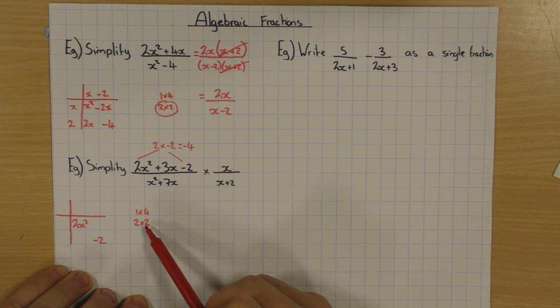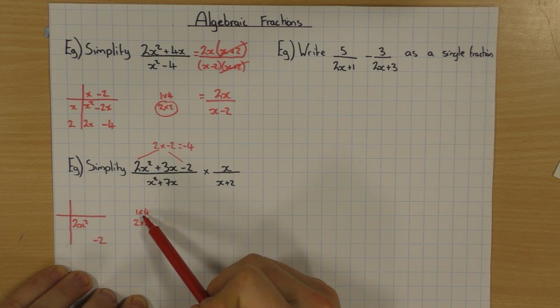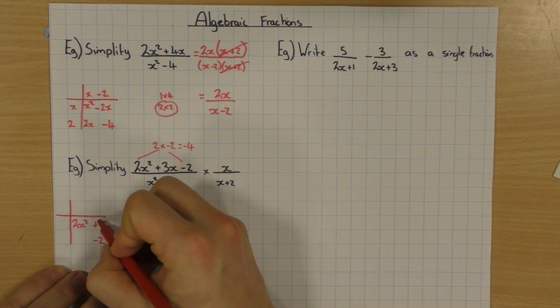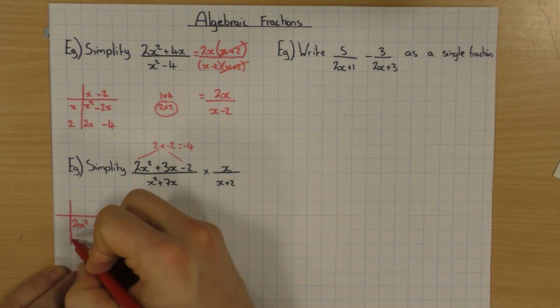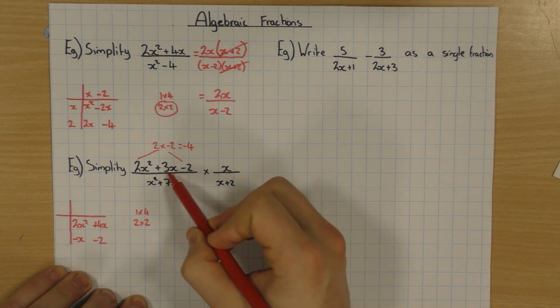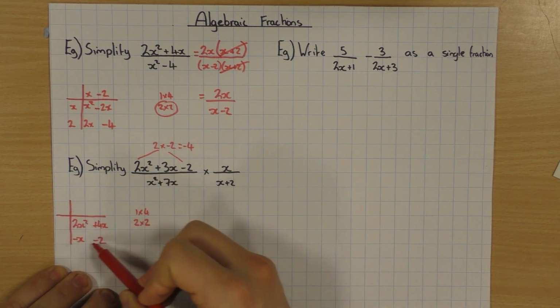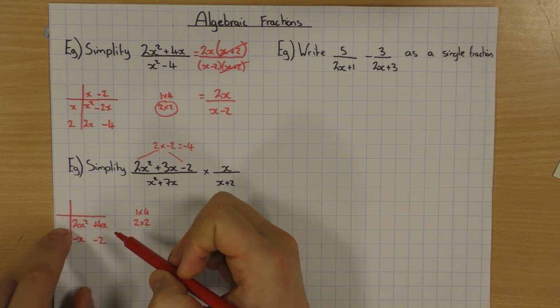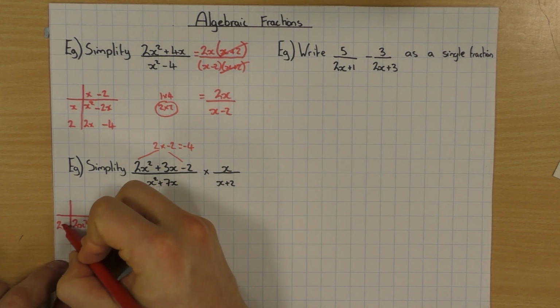Obviously using 2 and 2, I can't get 3, but using 1 and 4, I can. So if it's plus 3, I need to have plus 4x and then minus x. So plus 4 minus x gives me my 3x. This is the combination that I want. Once you've got this, I factorize over here, so 2x comes out.